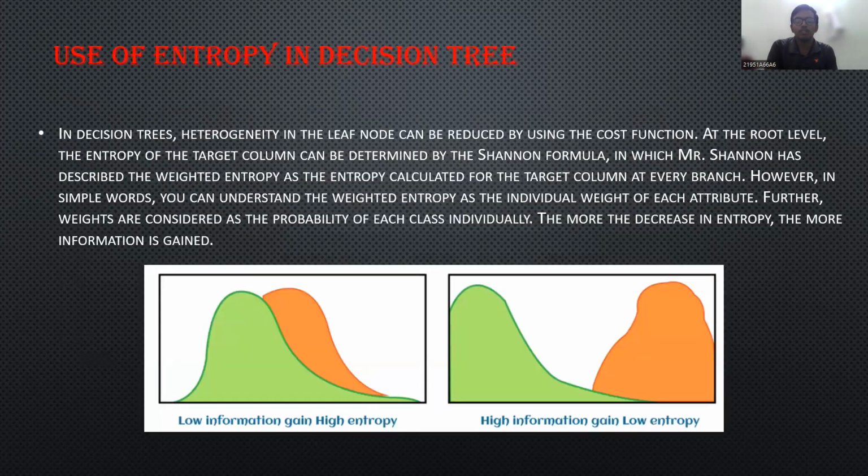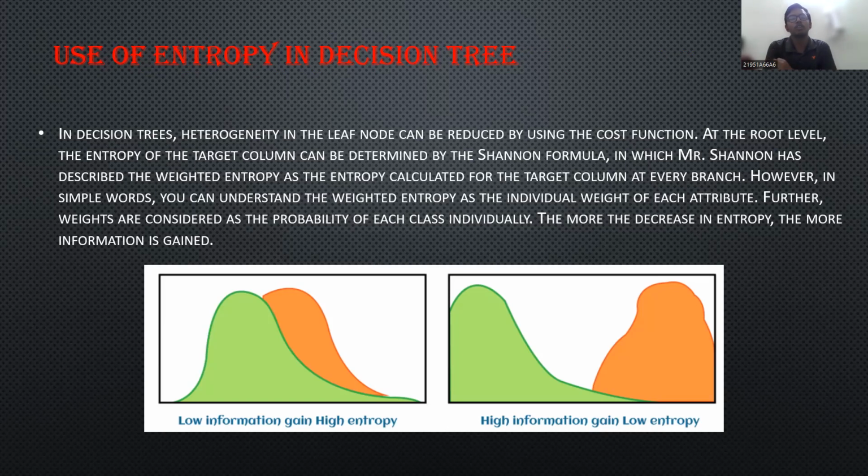Use of entropy in decision tree. In a decision tree, heterogeneity in the leaf node can be reduced by using the cost function. At the root level, the entropy of the target column can be determined by the Shannon formula, in which Mr. Shannon has described the weighted entropy as the entropy calculated for the targeted column at every branch.